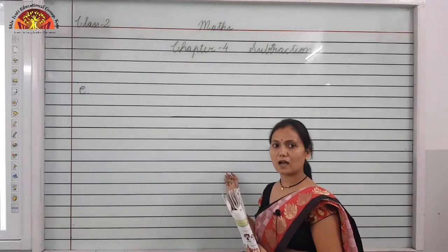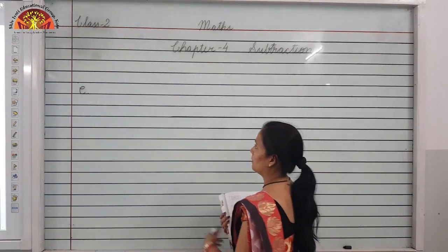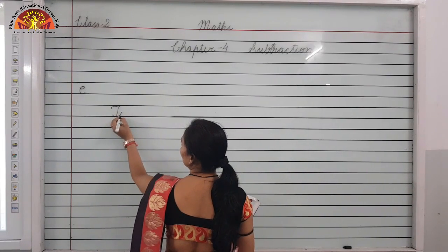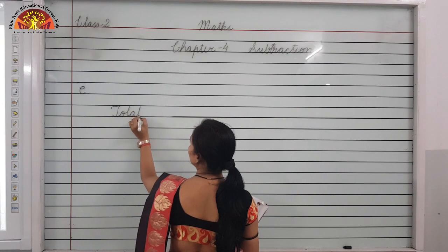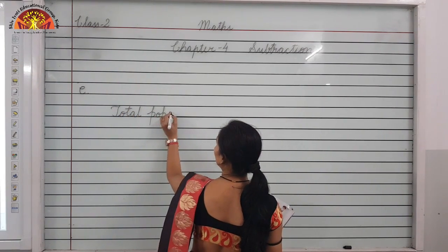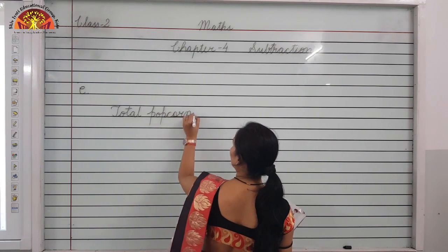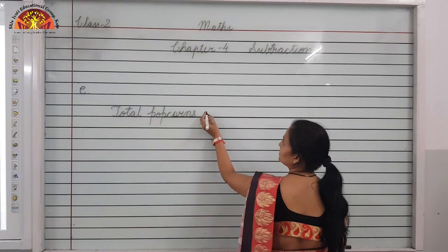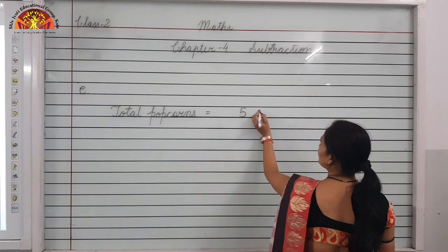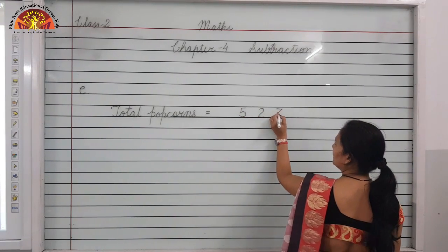Now we'll see how to solve this sum. Total popcorns. So how many total popcorns were there? Total popcorns is equal to 523.